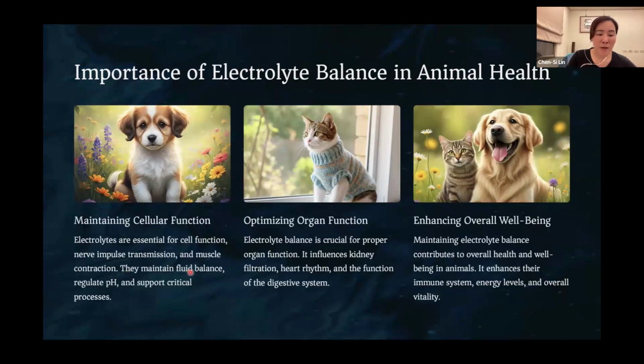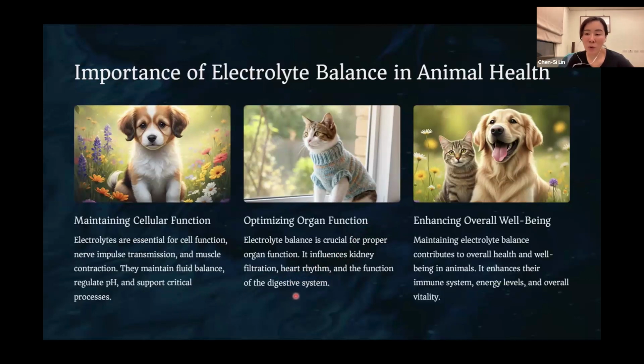These minerals maintain the fluid balance and regulate pH values, as we mentioned previously. If the normal range is not well maintained, the animals may suffer from acidosis or alkalosis. So it is important. This balance also plays an important role because it is significant to maintain kidney function, heart function, and the digestive system.